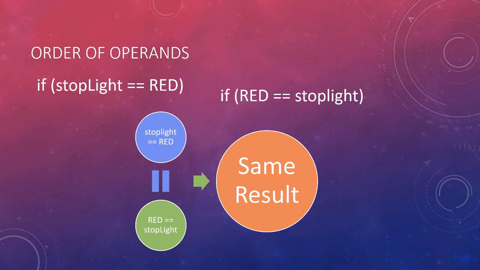And so to our brain, it makes logical sense to have the variable name first, and after the conditional or the equality test, the thing that we're wanting to test against. So whenever we're working with a value like that in an if statement, we want the value to be after the conditional operator. So many big words. So if stoplight equals red is better for us than if red equals stoplight. We like it that way.